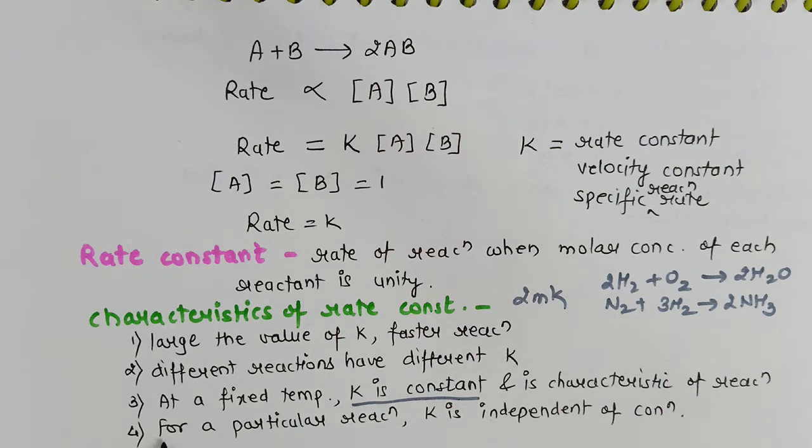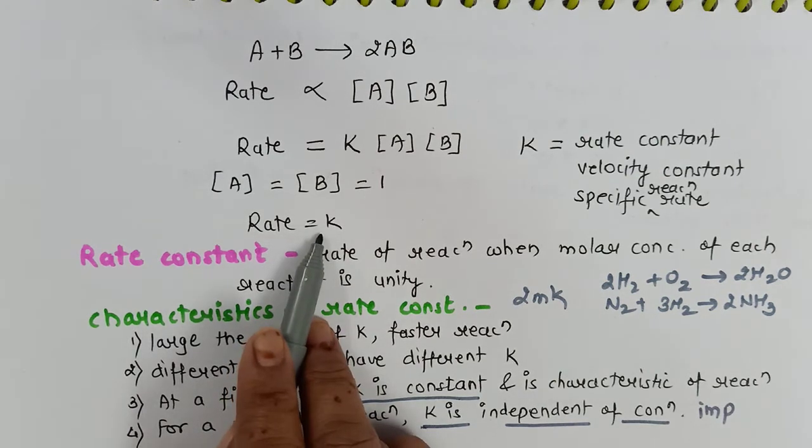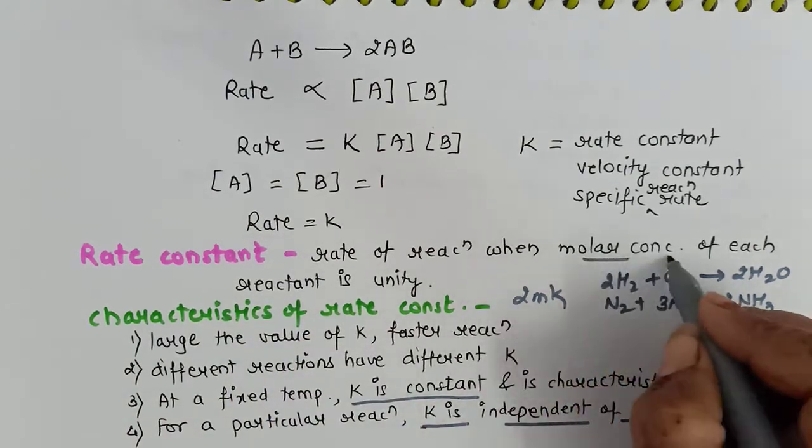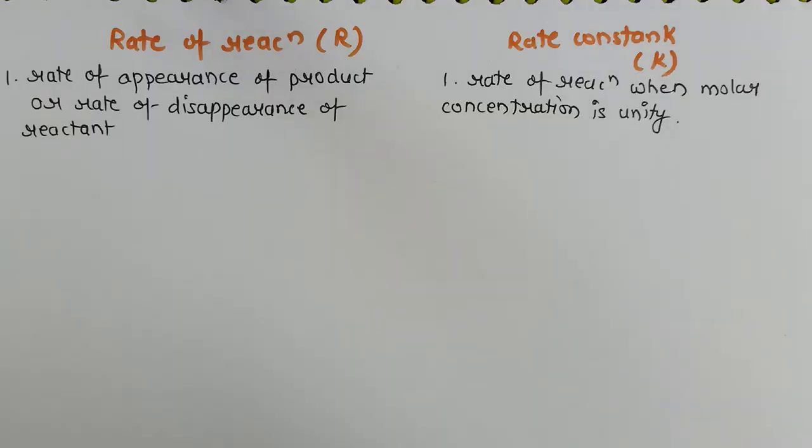The last one, for a particular reaction, K is independent of concentration. Now this is an important one. Why is K independent of concentration? Because we have defined K when the molar concentration of each reactant is unity. That means we haven't considered the concentration, or we have considered the concentration as 1, and therefore K is always independent of concentration.